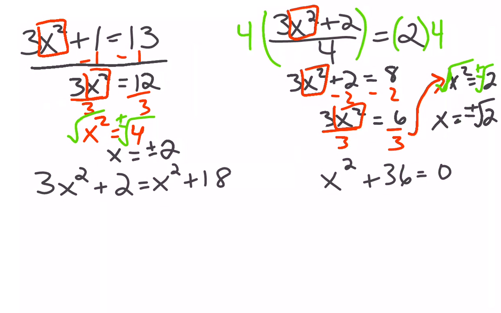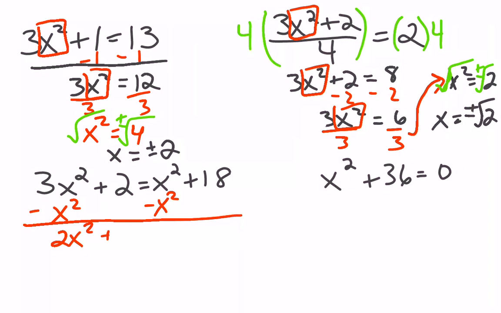This next one looks a little bit longer, and what you want to do is think about combining like terms first. But they're on opposite sides, so I'm going to move my x squared terms first versus my constant. Because sometimes, just like solving a normal equation, you get in a dark place when you are trying to move your constants first.